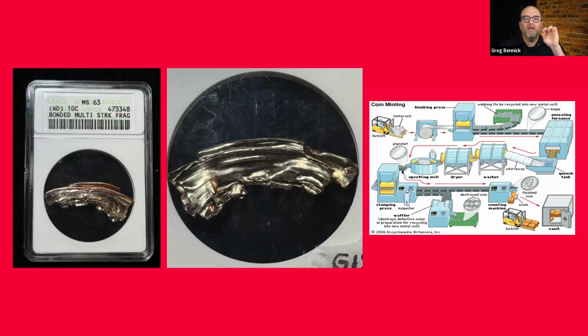And eventually a number of planchets have been struck at once. Imagine just layers like an Oreo, essentially like that. Well, the outer periphery of that multi-struck bonded group of planchets is eventually going to get weak and break apart. And what you're seeing here is, as the old ANACS holder says, bonded multi-struck fragment. Basically, this is a fragment from a multi-struck group of coins that was between the dies, so a striking error.